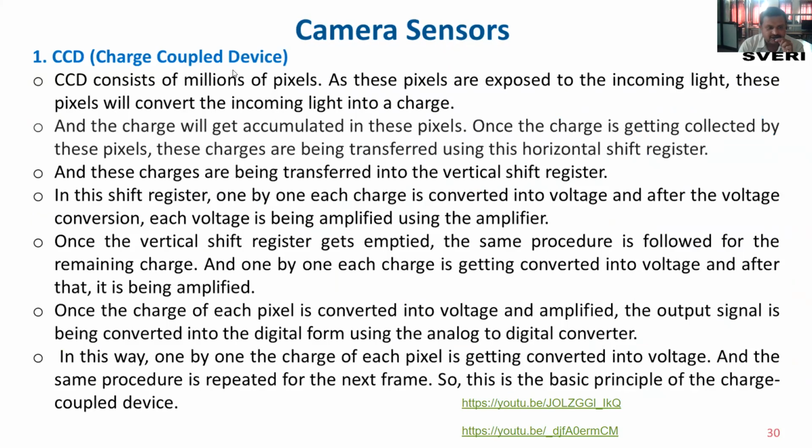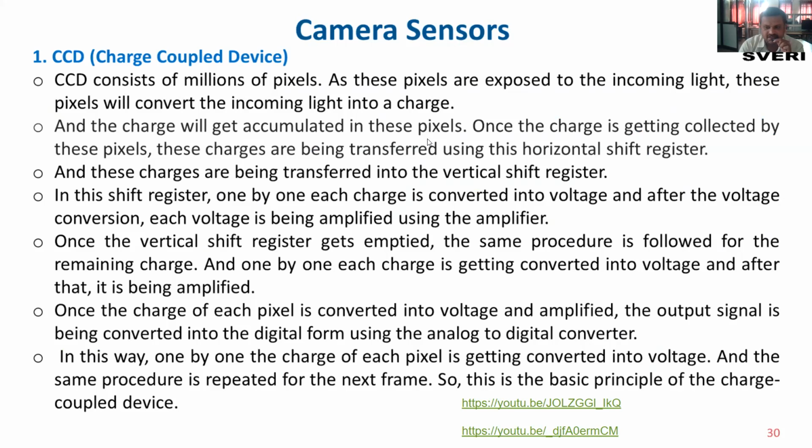Charge coupled device, CCD, is known as a digital camera. CCD consists of millions of pixels. As these pixels are exposed to the incoming light, they convert the incoming light into a charge, and the charge gets accumulated in these pixels.